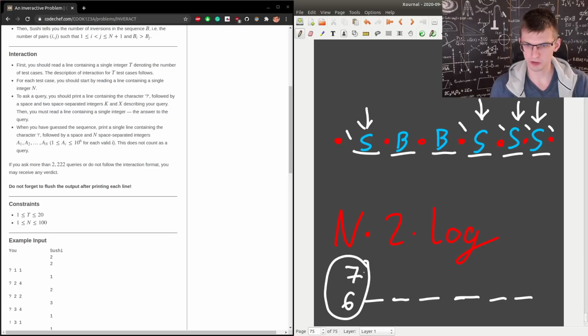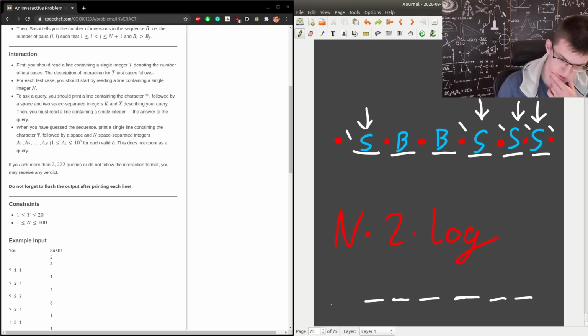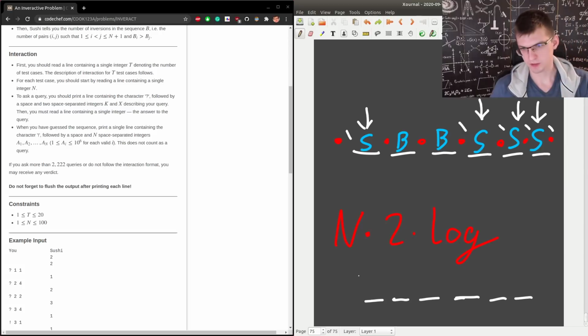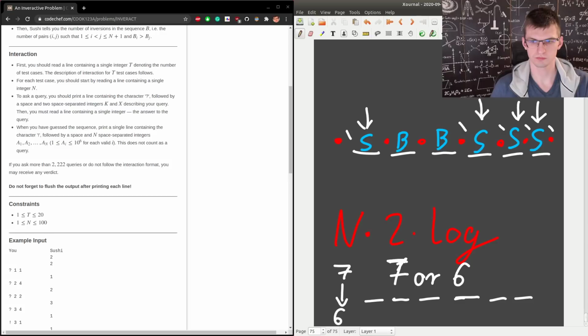Maybe here I will first manage to binary search all the existing values. So if from 7 to 6 there is a change, it means that one of the values here is 7 or 6. This way, gather all the values.